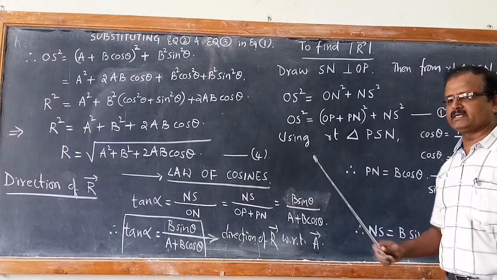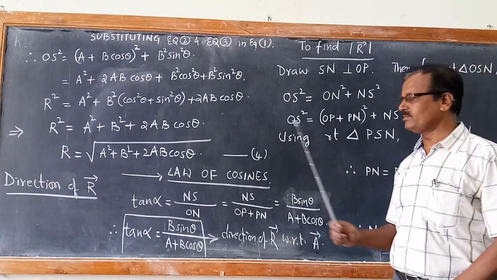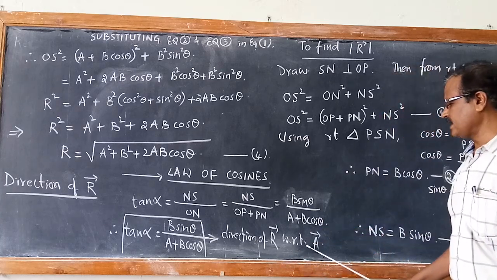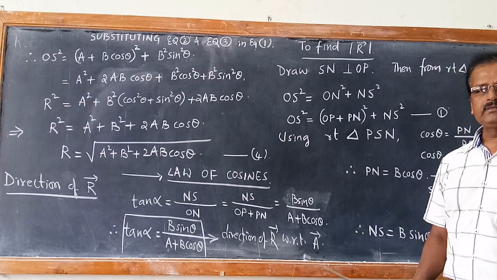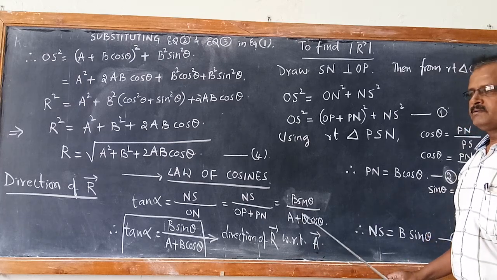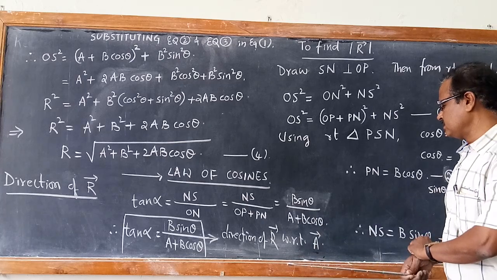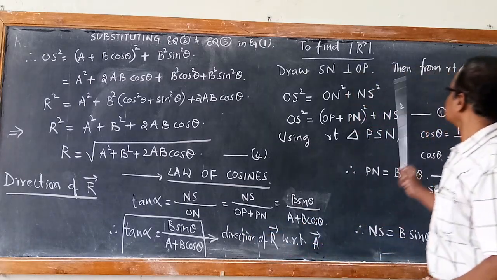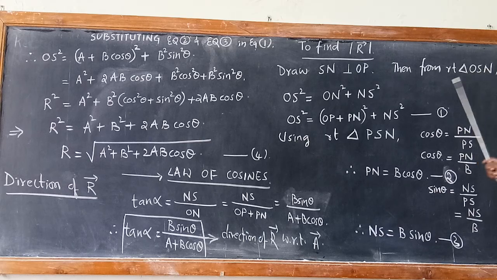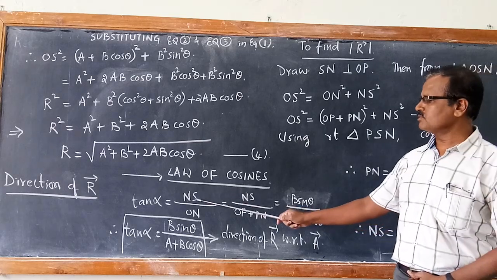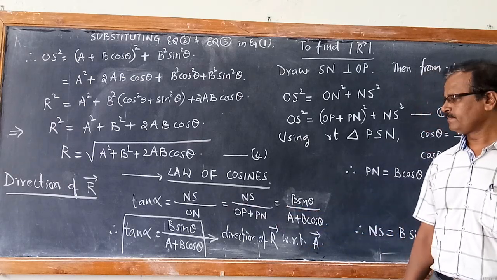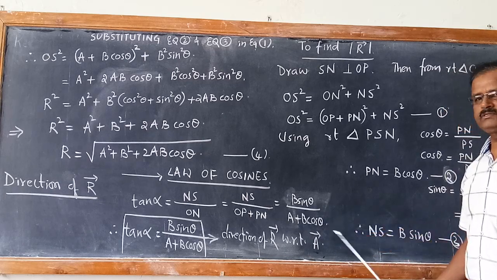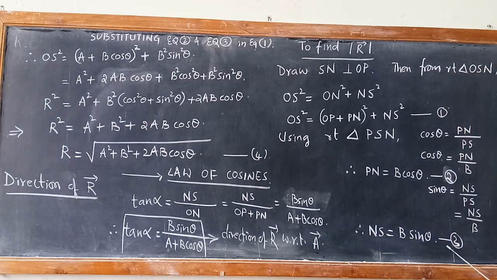Alpha is the angle subtended by vector R with vector A. So tan alpha, using the same right angle triangle OSN, is equal to opposite NS by ON. NS we have already found out from equation 3.